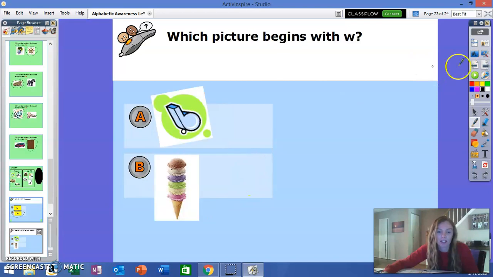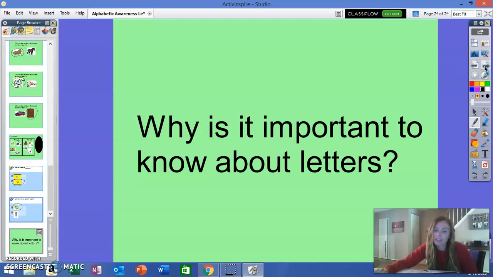Our next question is, which picture begins with W? Remember, W says w. Whistle or ice cream? Great. Whistle starts with W. Now our last question is, why is it important to know about your letters, boys and girls?